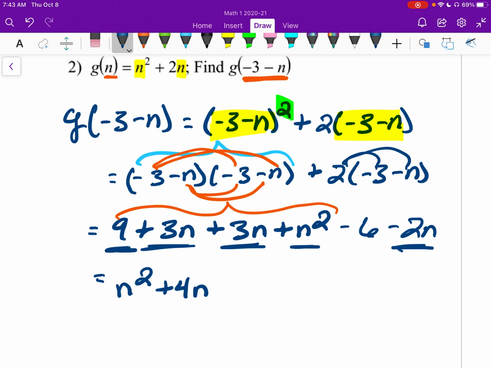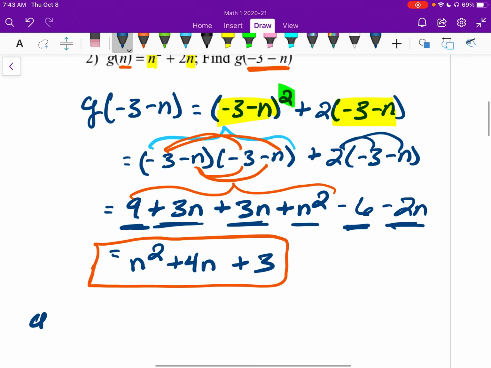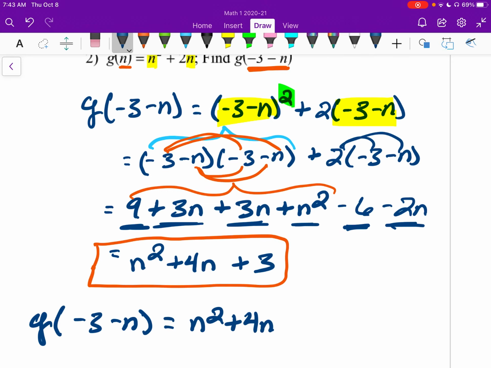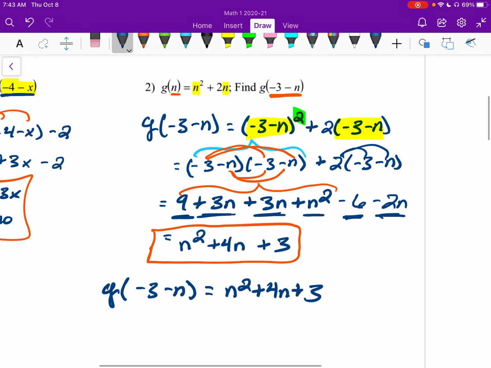And then I have 9 minus 6 gives me 3. And this right here is my answer. If we wanted to rewrite it, g of -3 minus n equals n squared plus 4n plus 3. There we are.